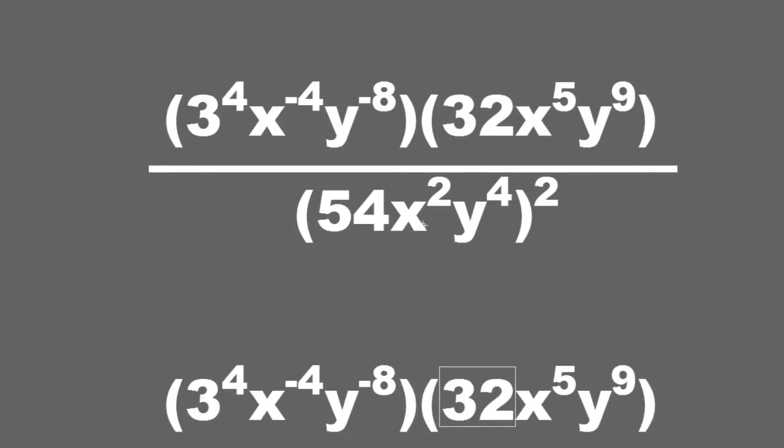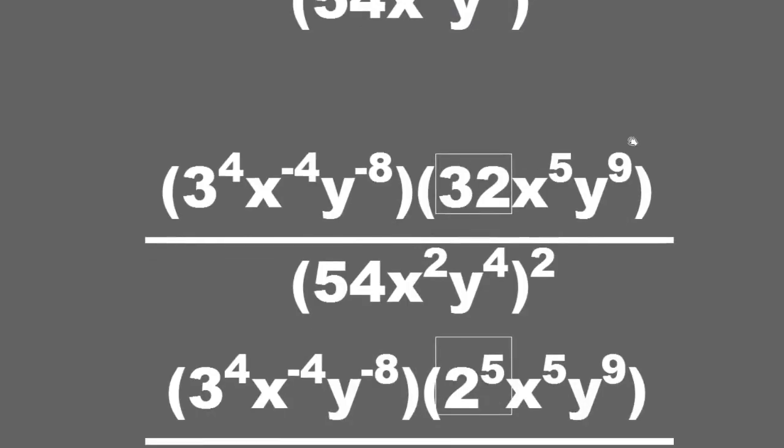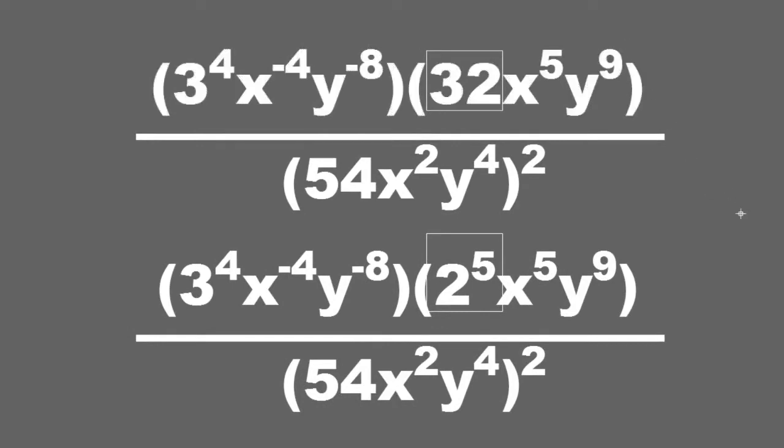Next thing I'm gonna do is start working on this parenthesis right here. As I did before with the number 9, which I wrote as 3 squared, I'm gonna write the number 32 as 2 to the 5th power. Remember, 2 with an exponent 5 is just 2 multiplied by itself 5 times: 2, 4, 8, 16, 32.